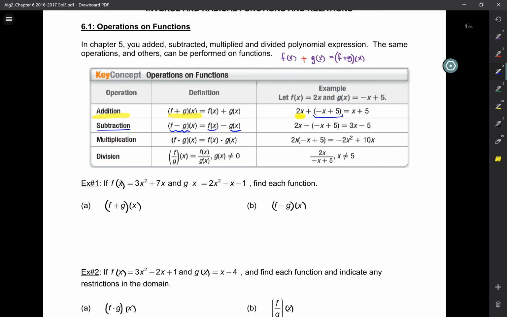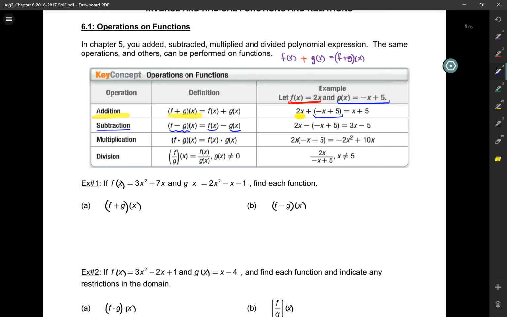Now, what's the difference in this case? Suppose this is f of x. It's just 2x. And now g of x is negative x plus 5. Now, subtraction is always tricky.